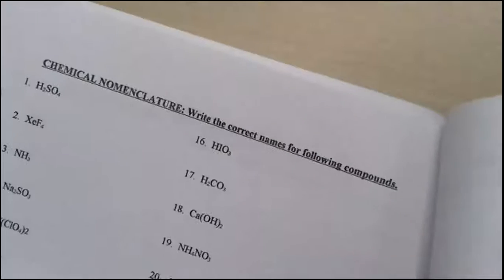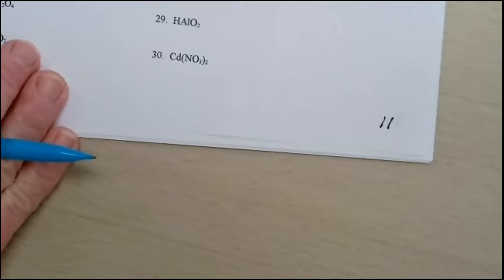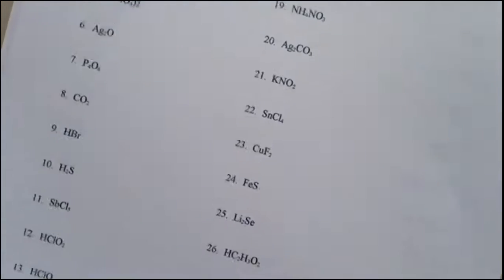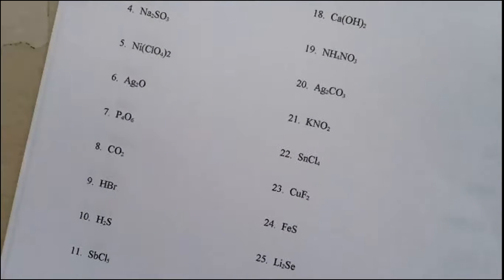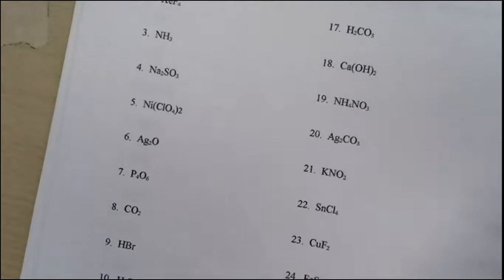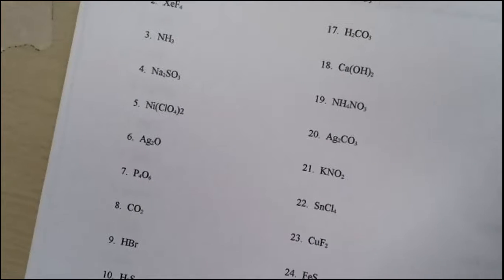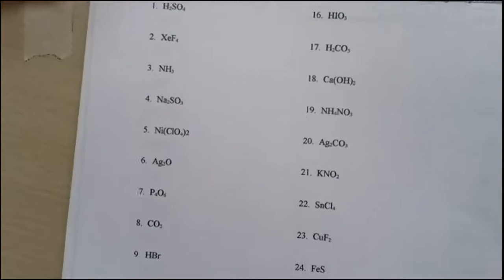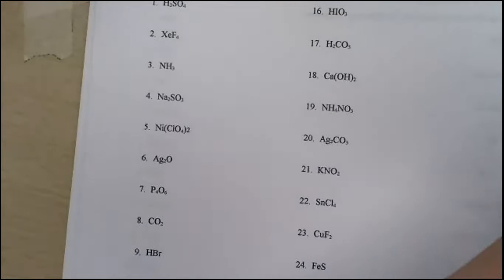Let's go to page 11, please. Page 11. All right. If we just look at the first 10, just the first 10, Troy, can you choose one that you think, oh, I might not be able to get that so easily, the first 10?